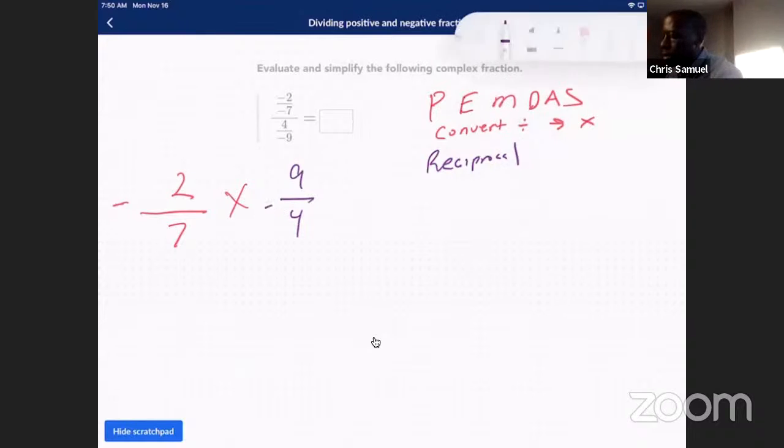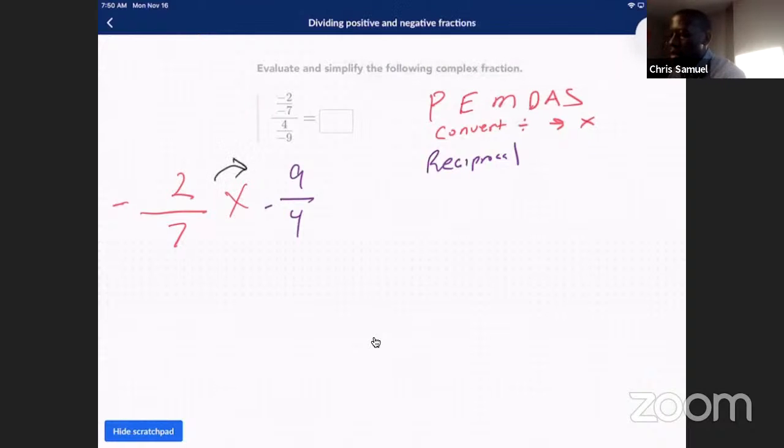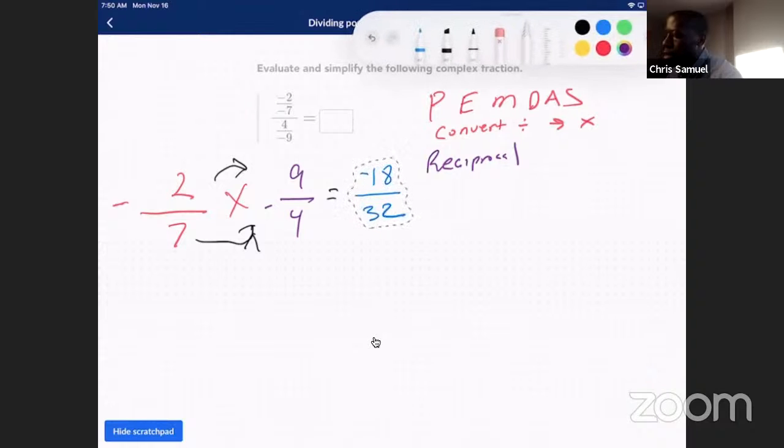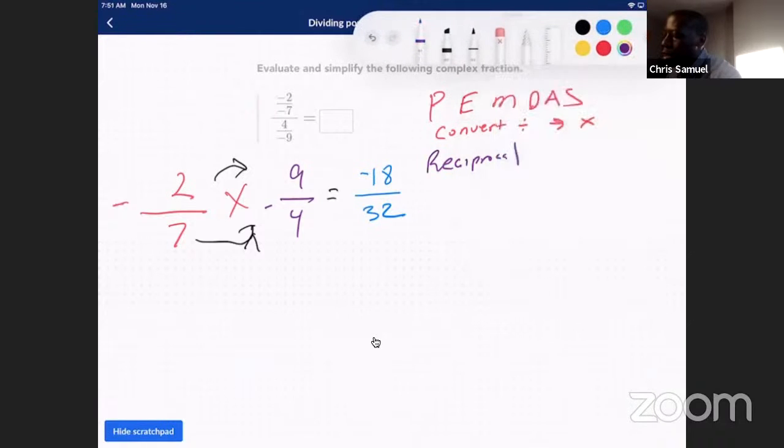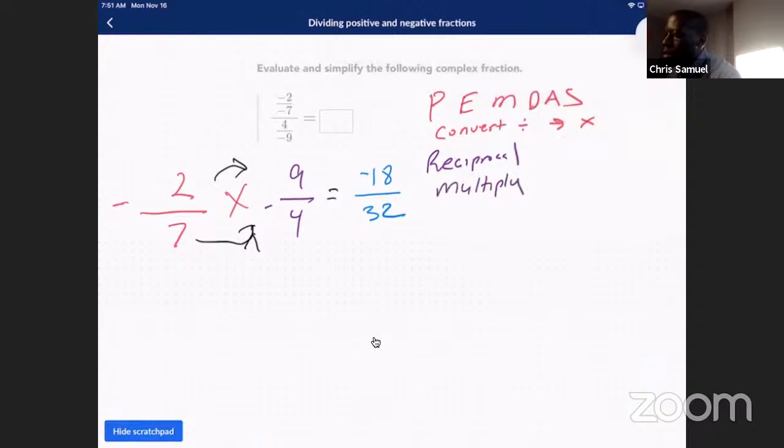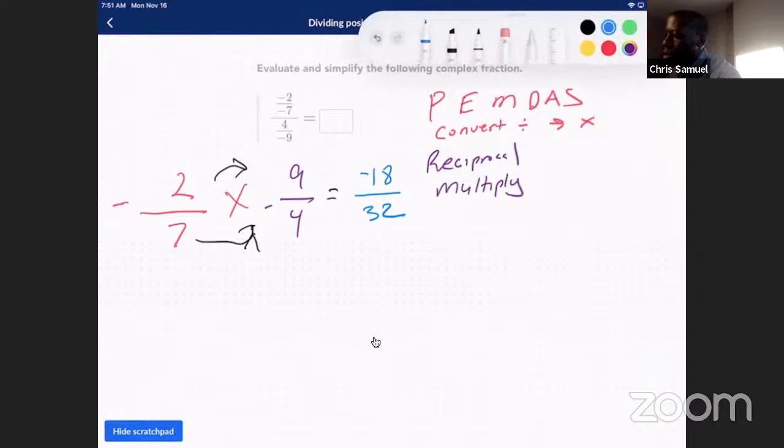And then it's negative 18. And then we do that. We're going to take this number and see if we can simplify this. Well, after we multiply, I forgot, let me write that. I'm sorry. We multiply. And then we simplify this.